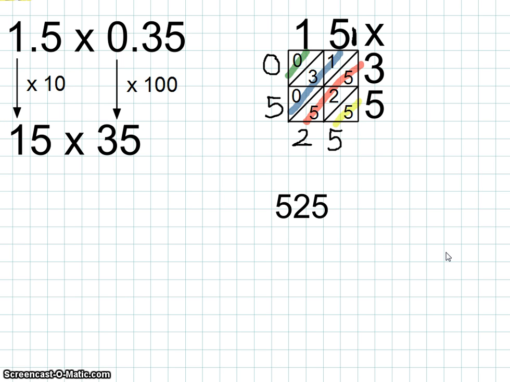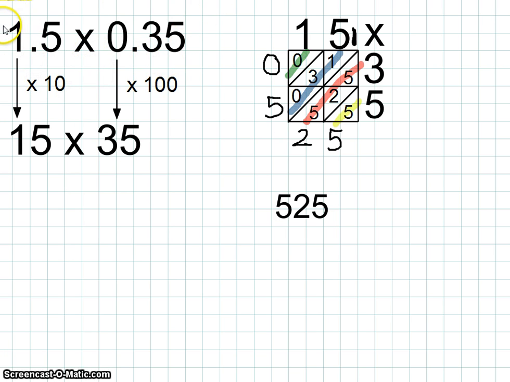So hopefully this proves to you that the lattice way is a way which works to find out the product of a multiplication problem. Okay, so now using the lattice method, we found out that 15 times 35 equals 525. Now the original question again was this, right?